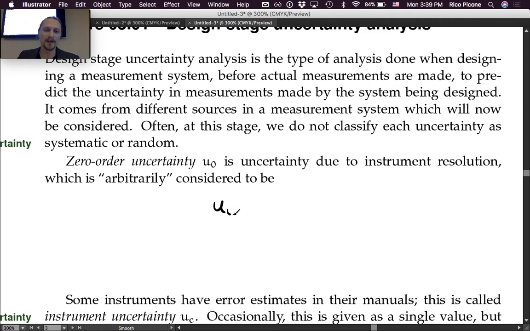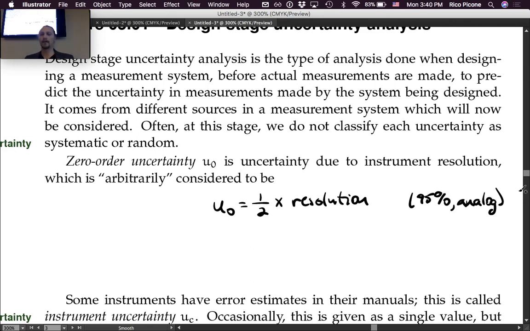It's considered to be U0 equals 1/2 times the analog resolution, which we say we have 95% confidence in, and this applies to a resolution given in terms of an analog system.